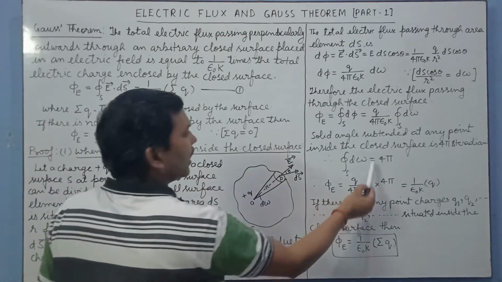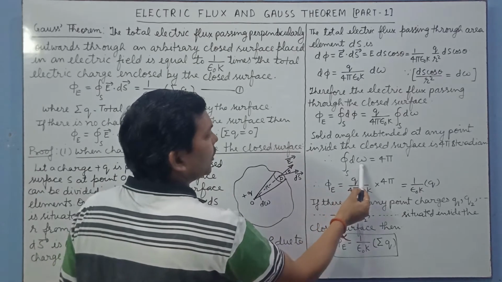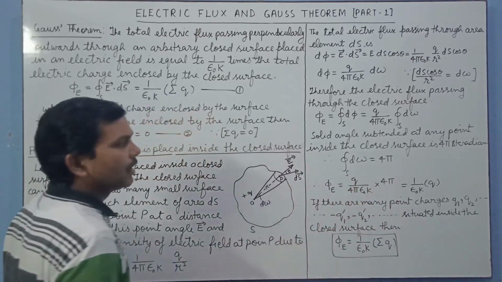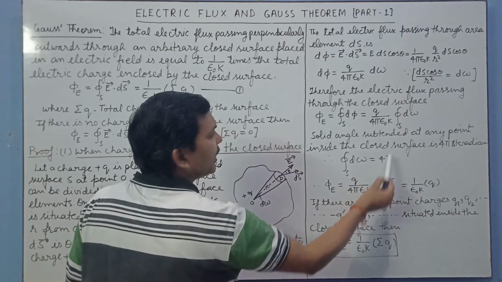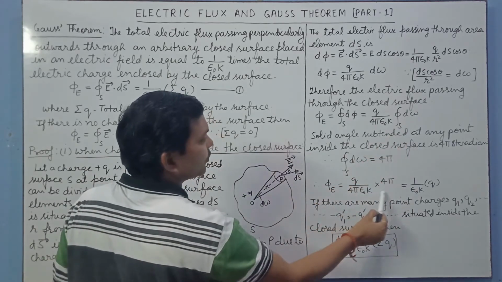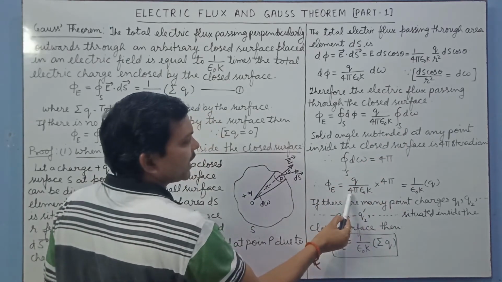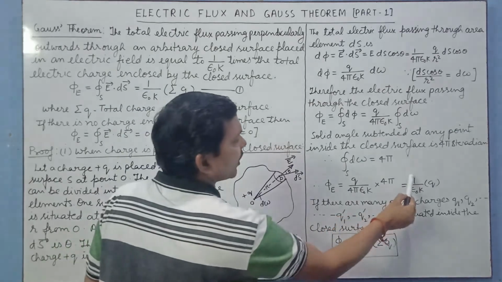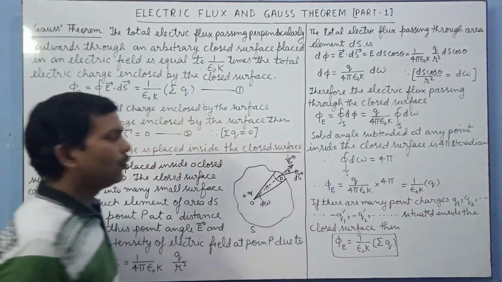So the integral of dω is equal to 4π. Now we will substitute this value 4π here. 4π and 4π will cancel. So we get 1/(ε0 k) into q.